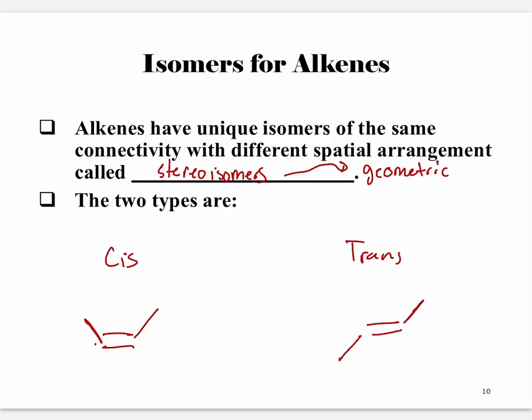Here's the double bond, and the carbon group is either going down here and up here. That would be trans, because they're on opposite sides across the double bond, while a cis isomer has them going on the same side across the double bond.